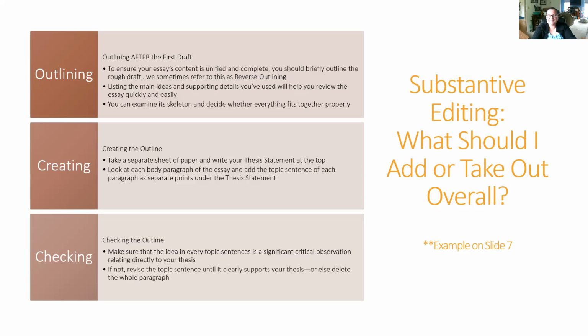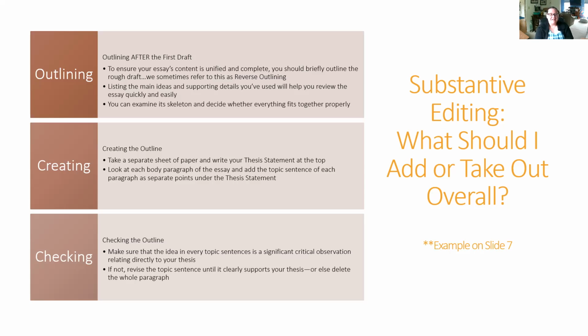Okay, so this is basically where you had your original outline to help you write the draft. Now you have the draft and you're going to create a different outline based on what's actually there in the draft. Not what you envisioned, not what you planned originally, but what actually ended up on the page.